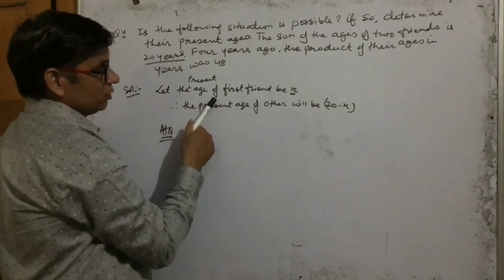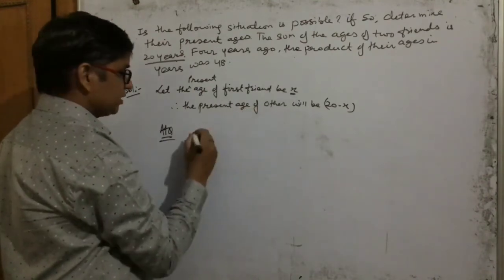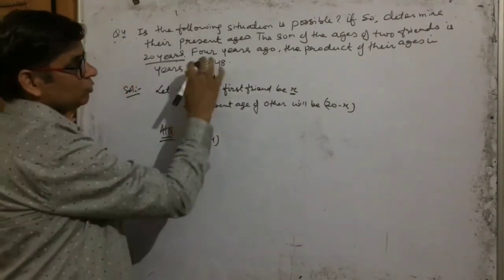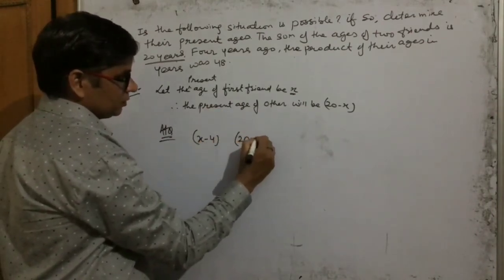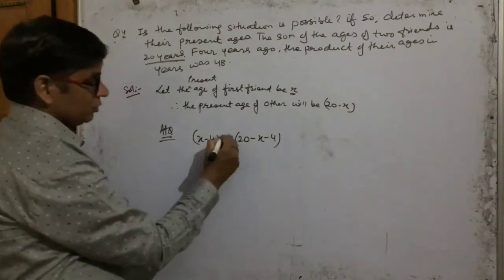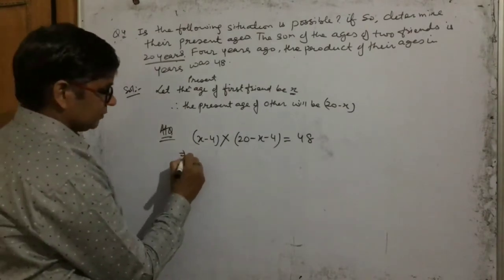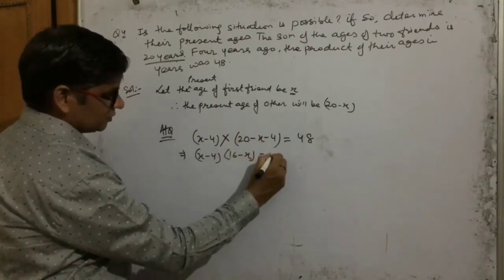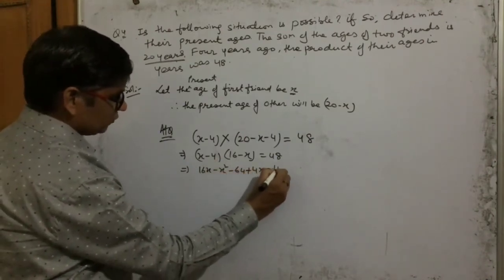4 years ago, the age of the first friend was x minus 4, and the age of the second friend was 20 minus x minus 4, and the product of their ages was 48 at this time. x minus 4 into 16 minus x equals 16x minus x square minus 64 plus 4x equals 48.